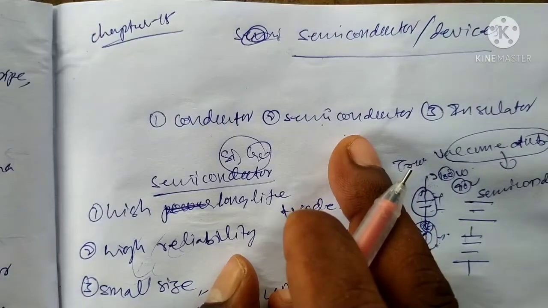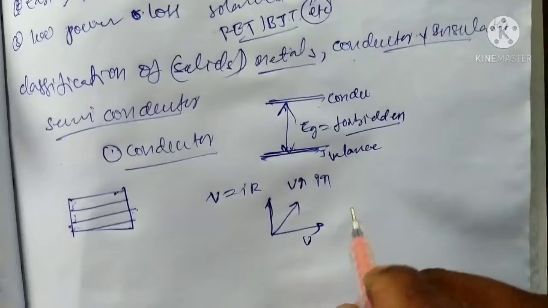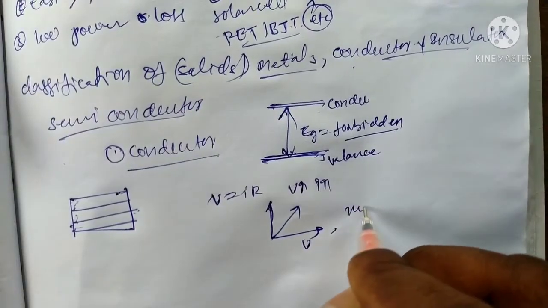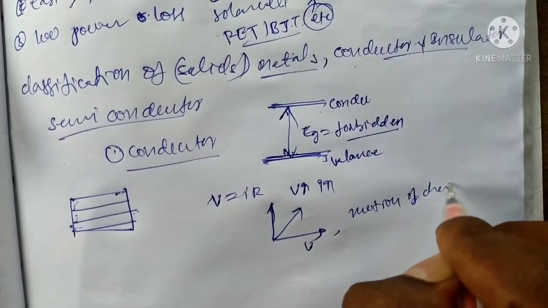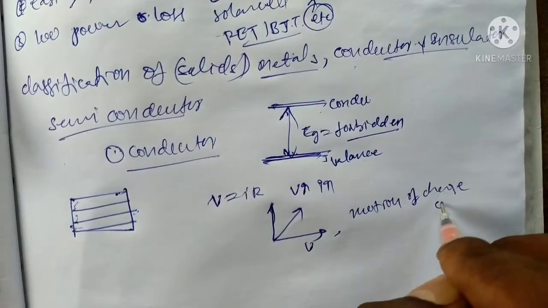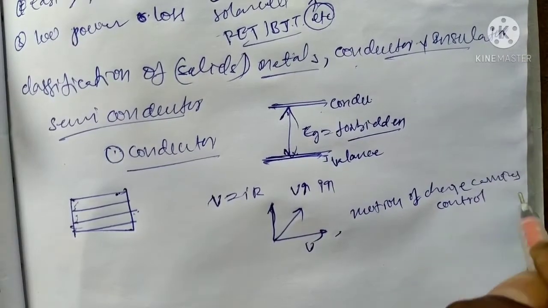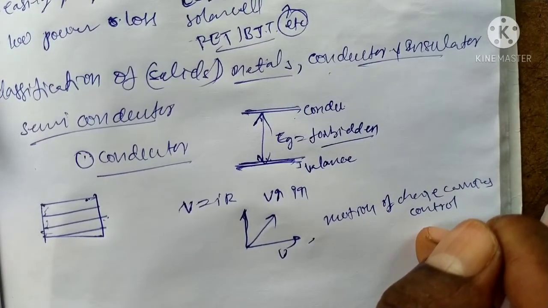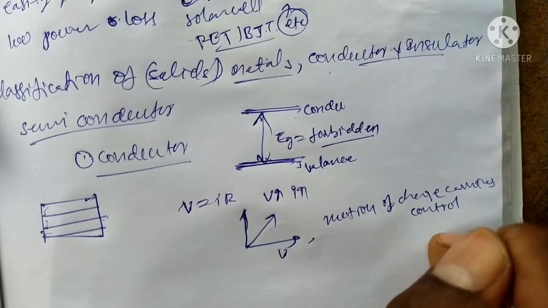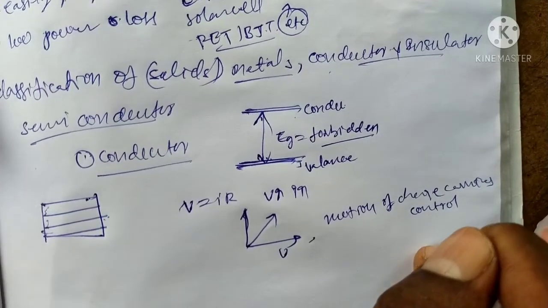And also they obey Ohm's law. Charge carriers can be controlled in the semiconductor devices. That is for memory purpose. The example is the motion of the charge carriers.